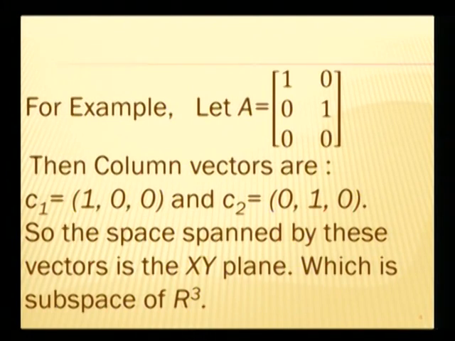We can see that the column vectors are C1, which is (1, 0, 0), and C2, which is (0, 1, 0). So C1 and C2 belong to R^3, and the space spanned by these vectors is the xy plane, which is nothing but a subspace of R^3.